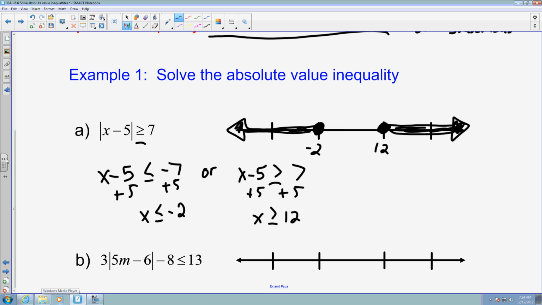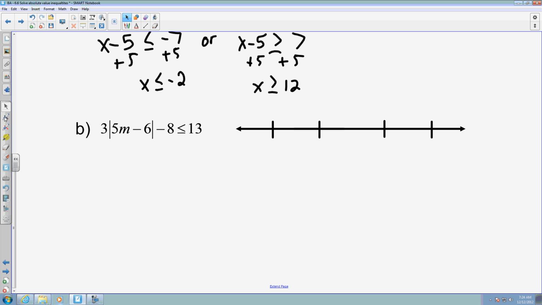Let me give myself some room to work with. Okay, so I have 3 times the absolute value of 5m minus 6 minus 8 is less than or equal to 13. Before we determine whether it's an and or an or statement, let's get the absolute value by itself on one side of the inequality.